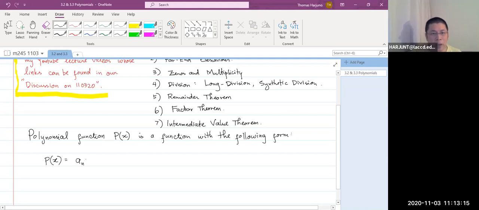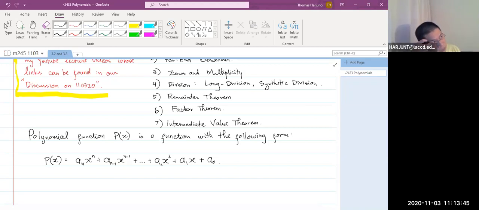P(x) is equal to a sub n x to the n plus a sub n minus 1 x to the n minus 1, all the way to a sub 2 x squared plus a sub 1 x to the 1, invisible 1, plus a sub 0.